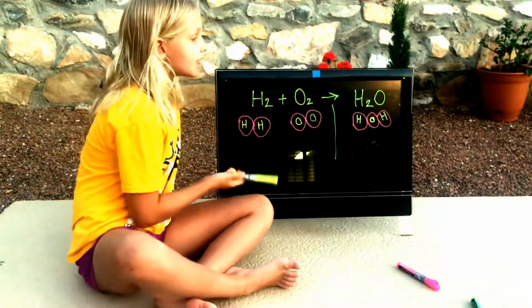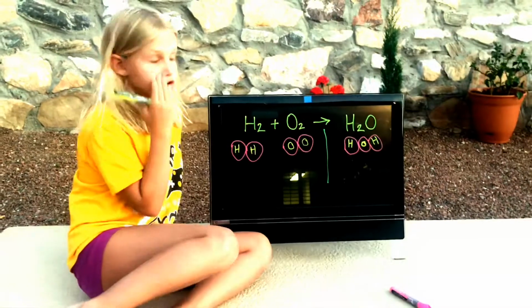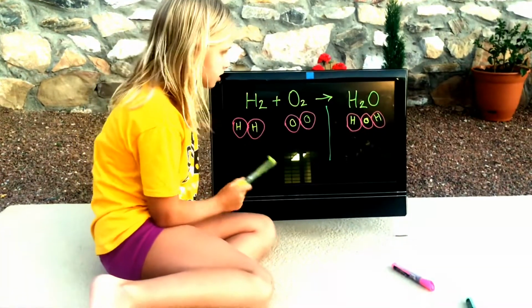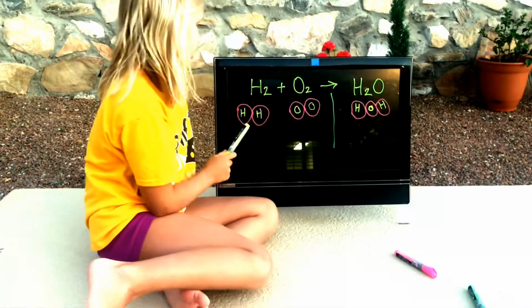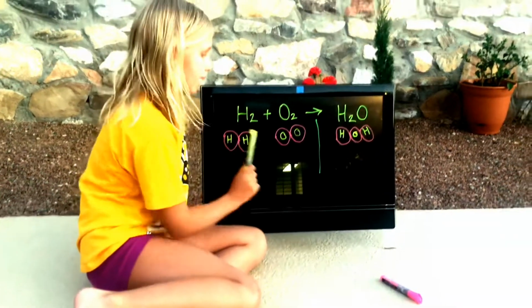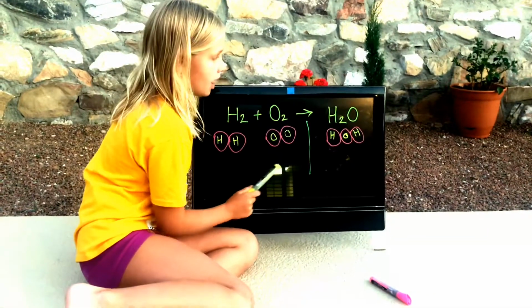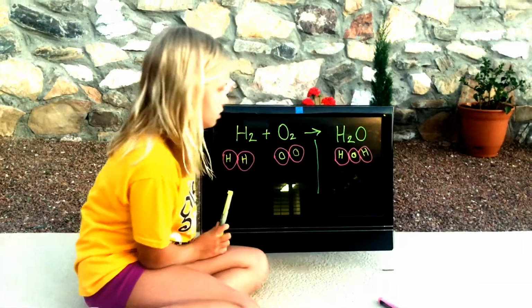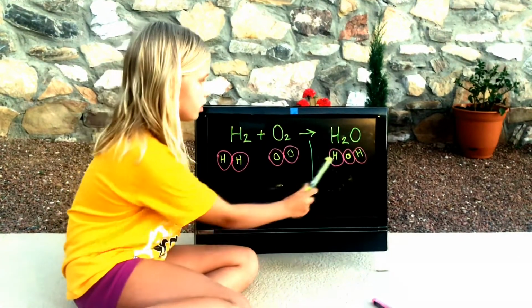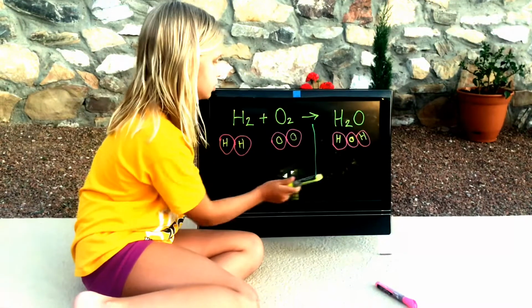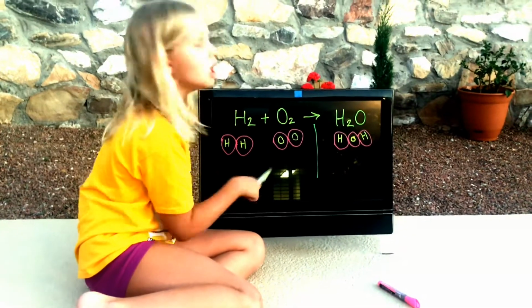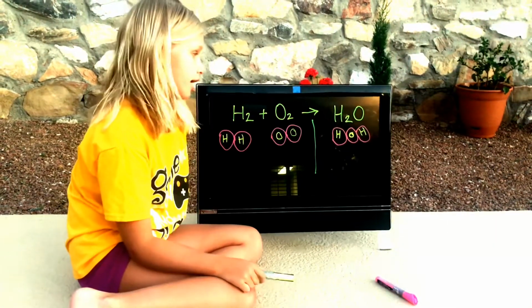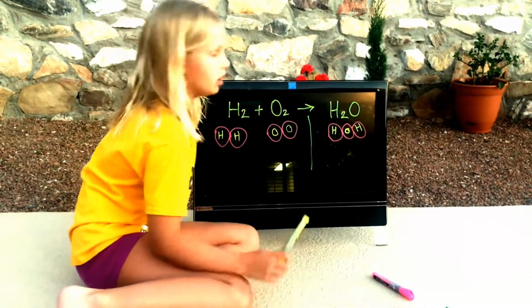So let's compare my drawing. So we have 2 hydrogens and 2 here. We have 2 oxygens and an oxygen here. Wait, there's only 1 oxygen and 2 oxygen. So the only thing that I can do is draw another one.